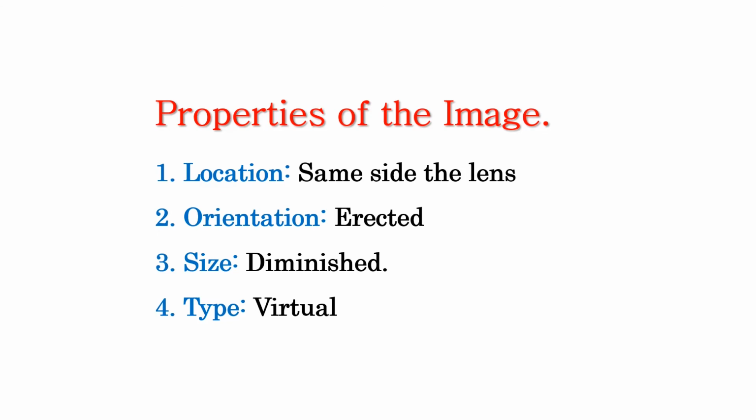So the image is formed on the same side of the lens, that means the side on which we placed the object, and it is erect, diminished, small in size, and virtual. So these are the properties of the image formed by the concave lens.